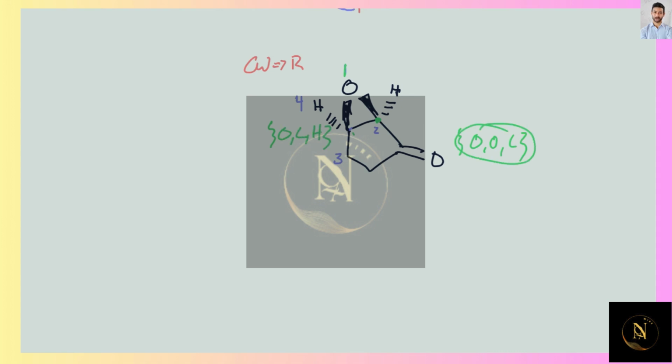And so this would win out. So the carbon doubly bound to oxygen is a higher priority than the neighboring carbon on the left-hand side. This is priority 2, this is priority 3, and hydrogen in the back is 4.